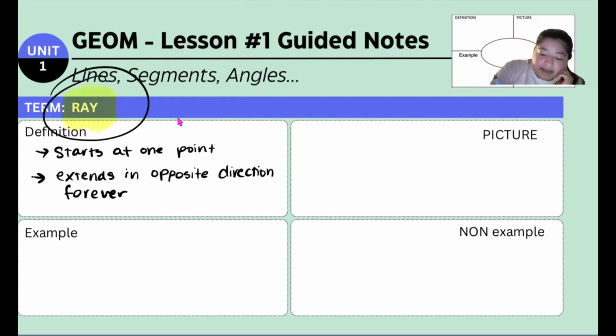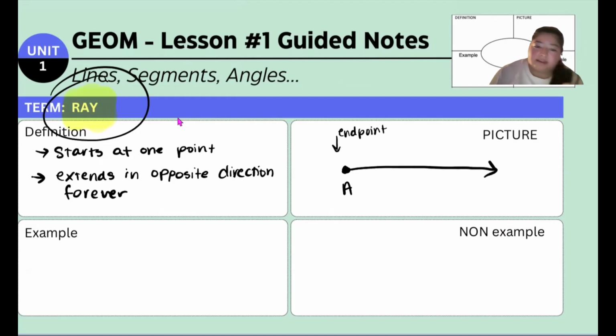So it's different from a line segment because a line segment has two endpoints versus a ray has one endpoint and the other end, it continues forever and ever. So let's say we have our endpoint A, which I have not made a note, but this is an endpoint. And the rest of that line continues. This is an example of a ray.